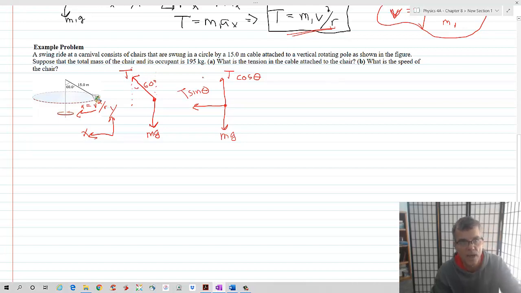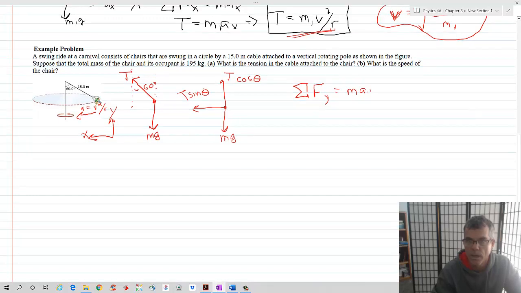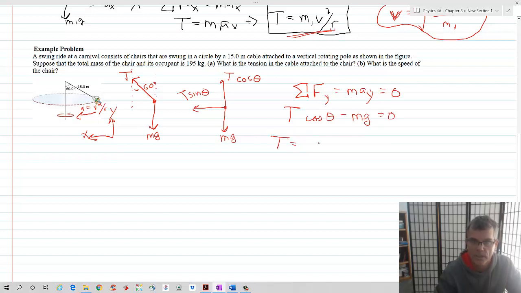This thing is not moving up and down, we're assuming, which means there is no motion in the y direction. So the sum of the forces in the y direction is 0. If I apply Newton's second law, the sum of the forces in the y direction equals ma_y, which is 0. I get T cosine theta minus mg equals 0, or my tension equals mg divided by cosine theta.